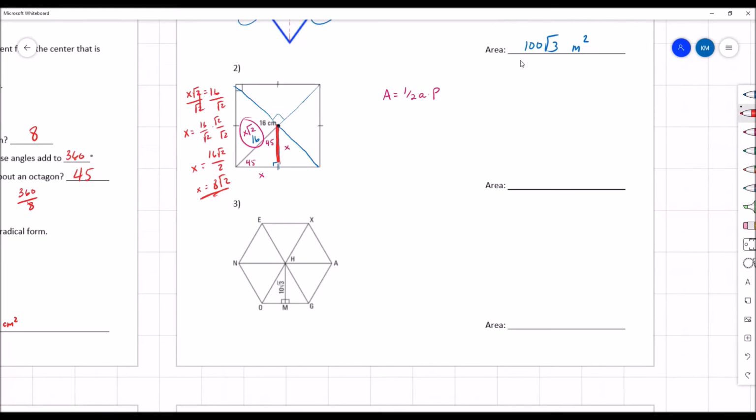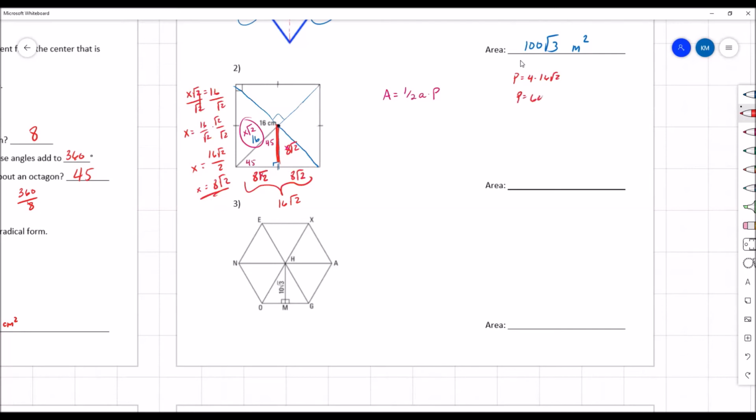Okay, you'll also notice that since it's a 45, 45, 90 triangle, this side of the triangle is 8 radical 2. And that means that this side of the triangle is 8 radical 2. So an entire side of our quadrilateral is 16 radical 2, 8 plus 8. Okay, so as we're finding the perimeter, we have 4 times 16 radical 2, and that gives us 64 radical 2.